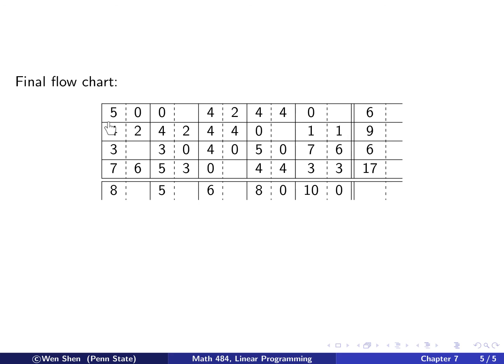So in each of these elements in this table, on the left is the capacity, on the right is the Xij, that is how much actually are you shipping from Oi to Dj. Okay, so you can easily verify that the number on the right is not bigger than the one on the left. Somewhere it's equal, but not bigger than.